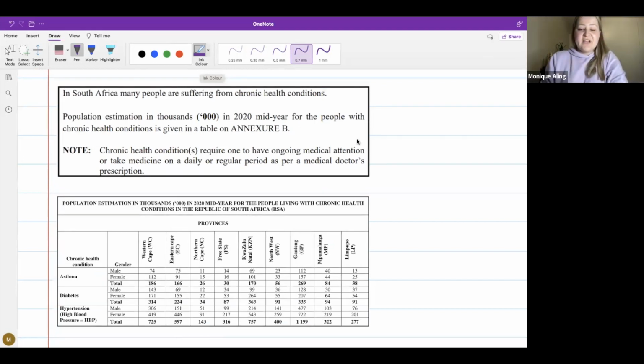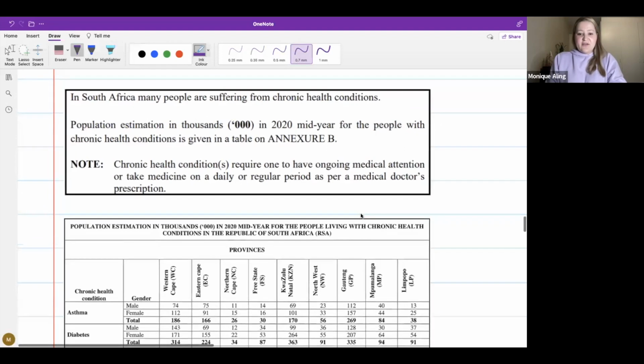So guys, with data handling, they're always going to give you a scenario. They're always going to give you some stats, obviously a whole lot of numbers, because we need to work with the numbers and summarize the data. Let's just focus on the first part.